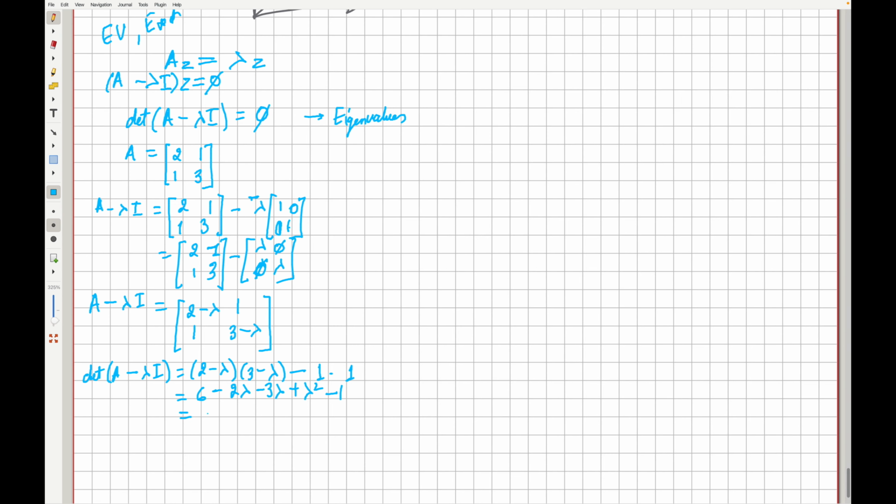And so what we get is lambda squared minus 5 lambda plus 5. As we said earlier, we can equate it to 0. So the equation we are now looking at is lambda squared minus 5 lambda plus 5 is equal to 0.